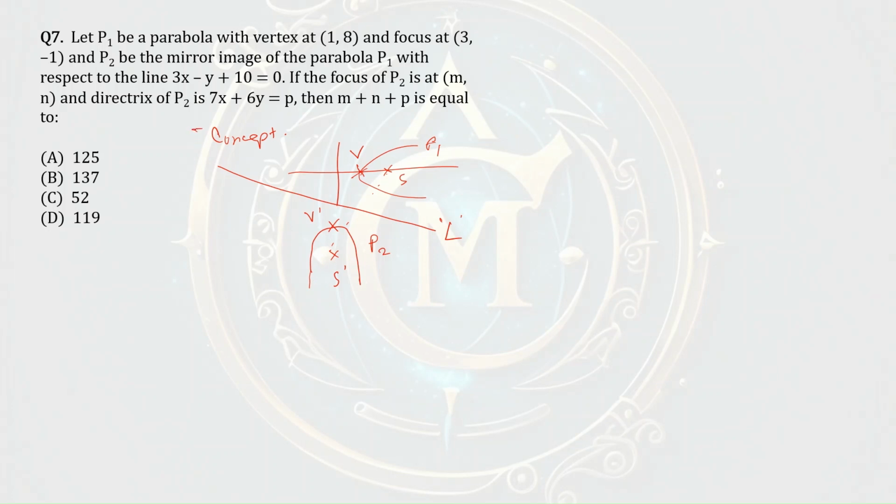So we need to apply the concept of the mirror image of a point with respect to a line. The formula of the mirror image of a point (alpha, beta) with respect to a line ax + by + c = 0: if we take the mirror image of this point with respect to this line, let us assume that the mirror image will be (x, y).